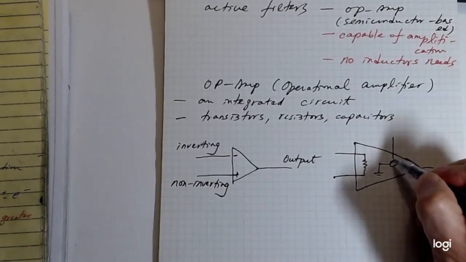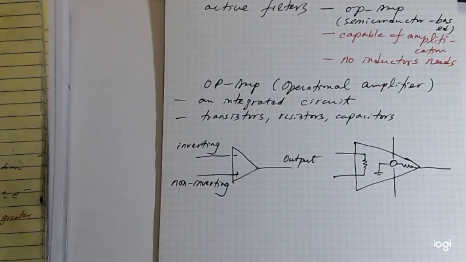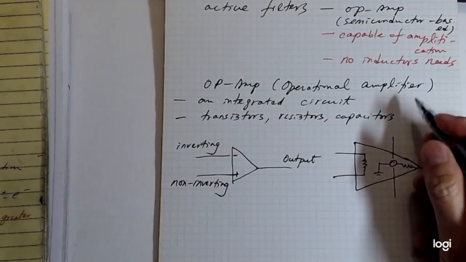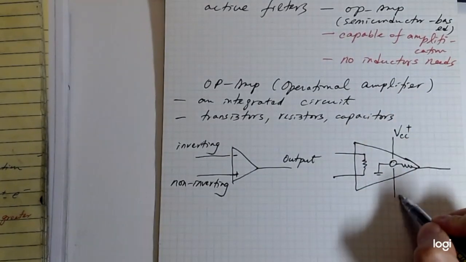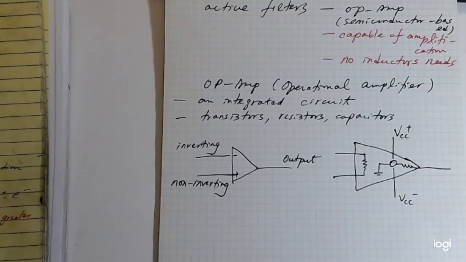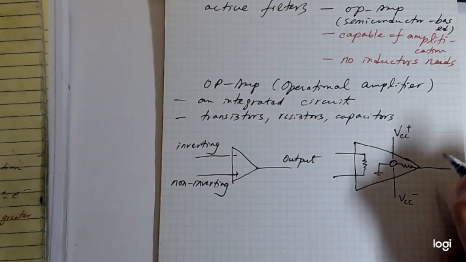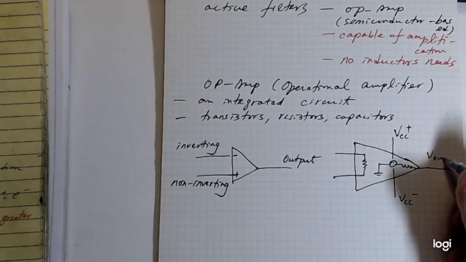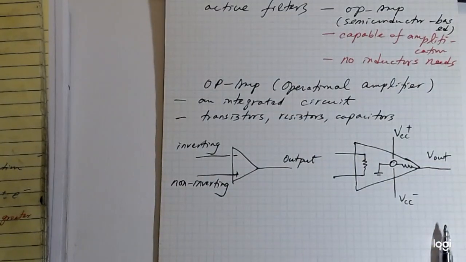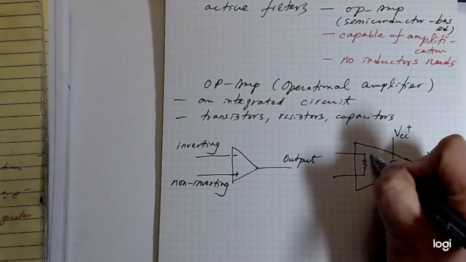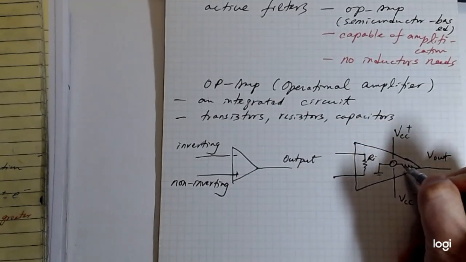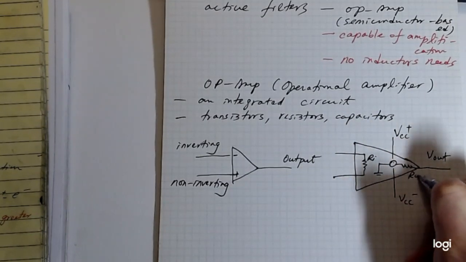In other words, the operational amplifier needs to be powered. We put this as VCC positive, VCC negative. This is V out. And we say this is our input impedance, Ri, and output impedance, Ro.